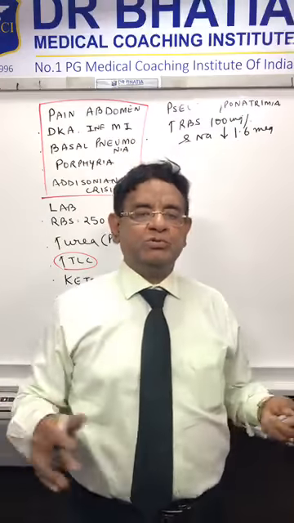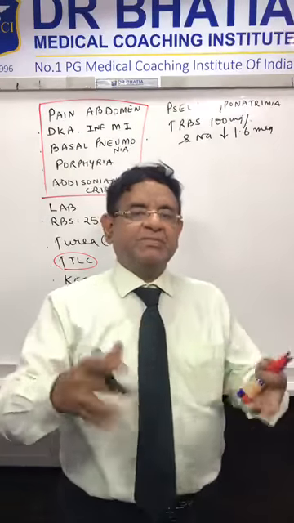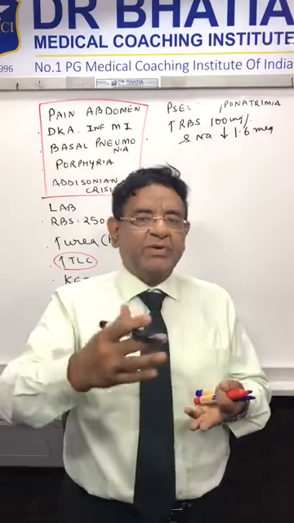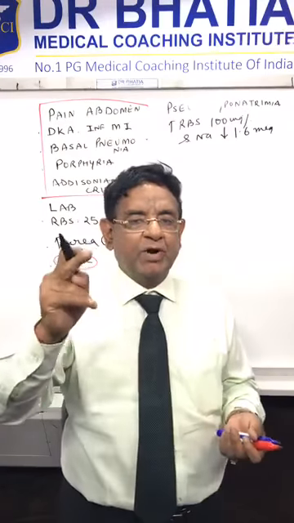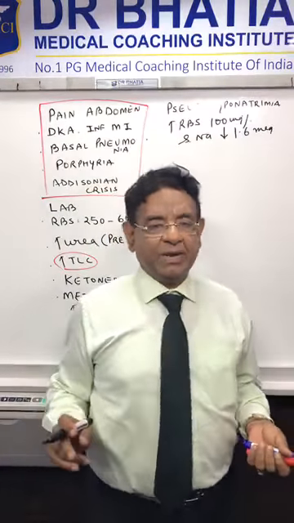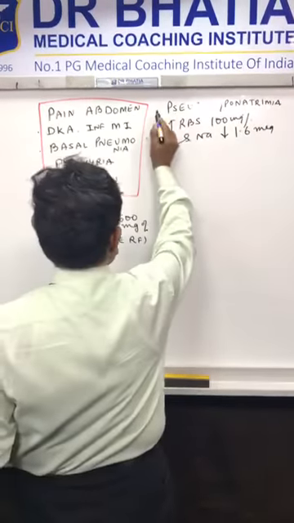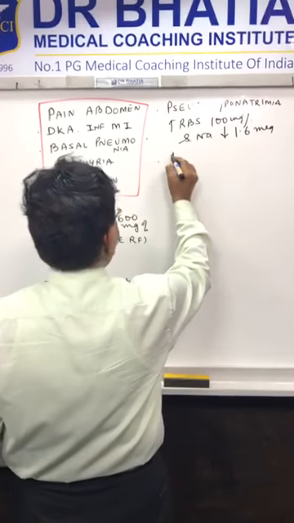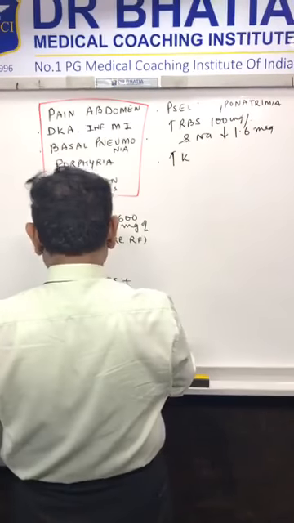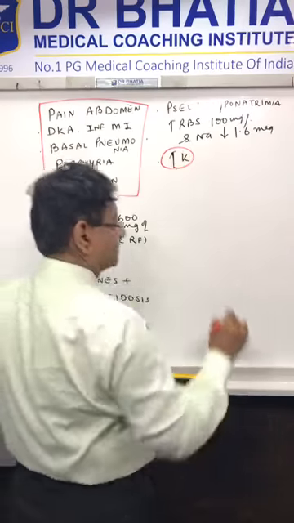So if sugar goes to 600, with every rise of 100, the sodium will go down by 1.6 milliequivalent per liter. So pseudohyponatremia is there. Hyperkalemia occurs. This is due to metabolic acidosis.